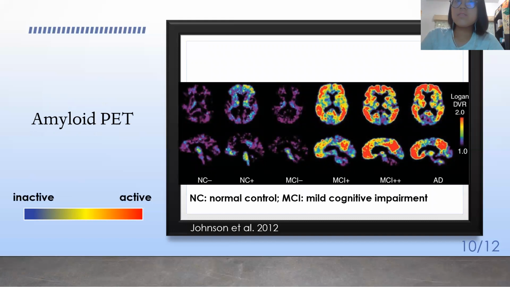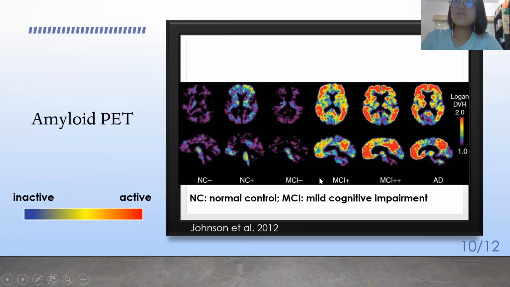The last method is amyloid PET. As we mentioned before, amyloid beta is an important signal for Alzheimer's disease diagnosis. So here we measure the signal from amyloid PET.